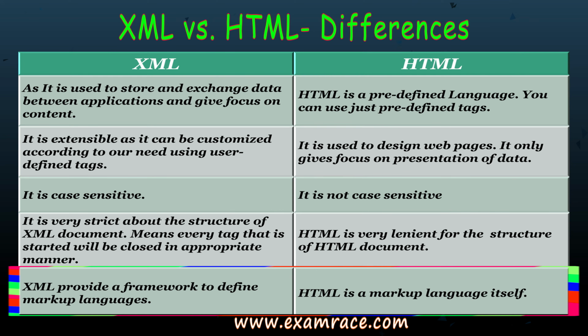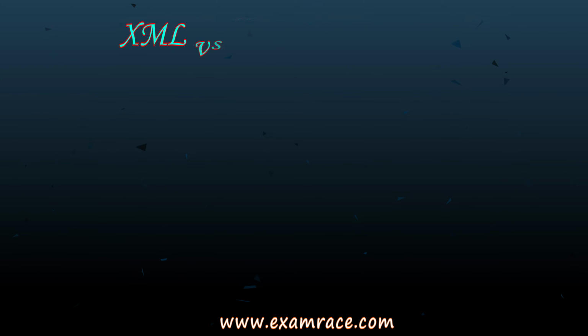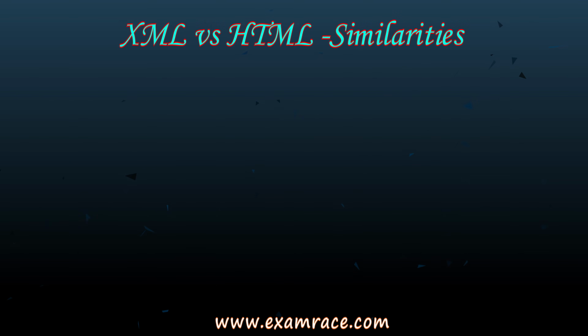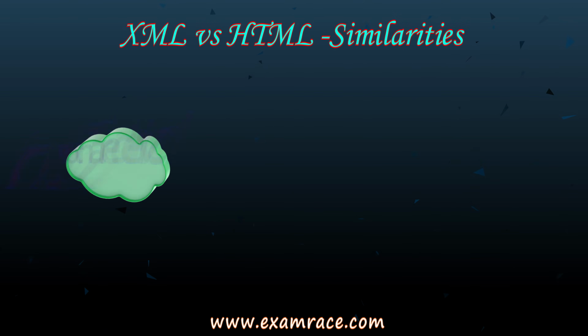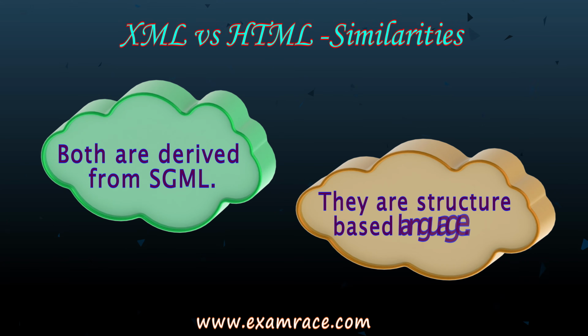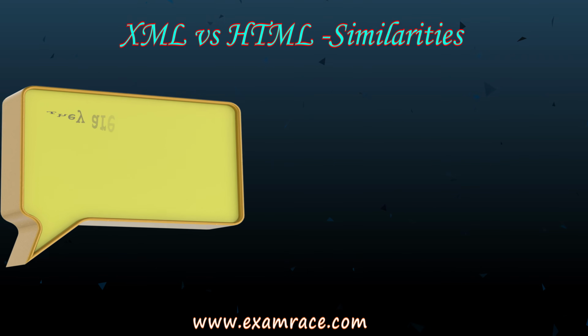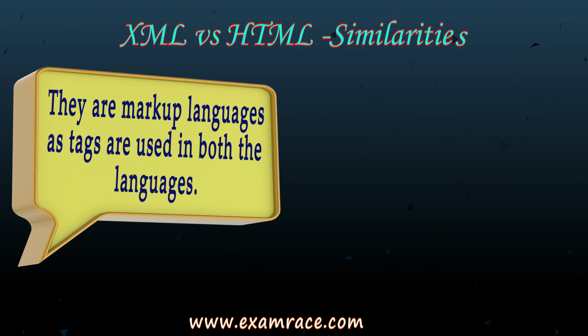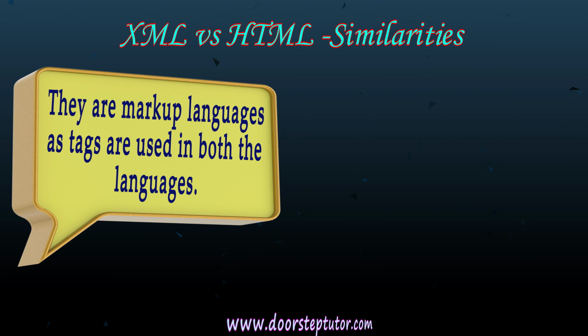So let's move to our next slide. We have discussed the differences. Now let's discuss some of the similarities between both languages. First, they are both derived from SGML. Then both are structure based languages. Both are markup languages, which means the document works in the form of tags, that is opening and closing tags.